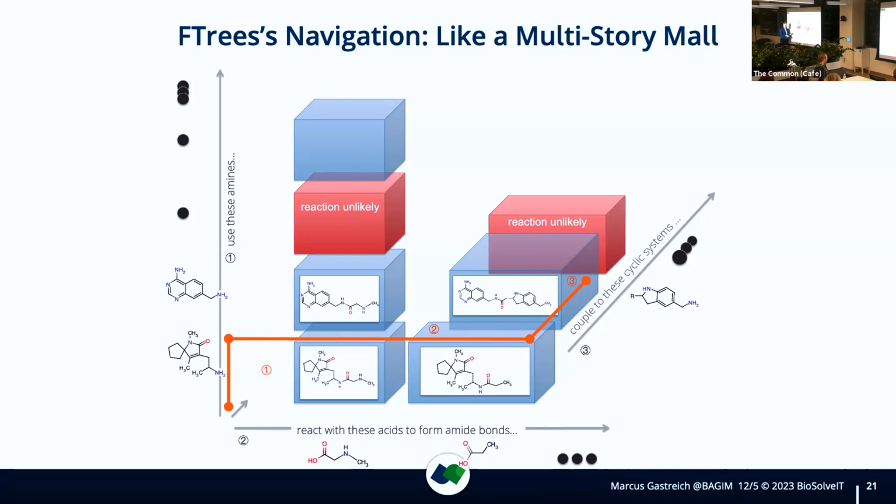So we take the next island in Costco and navigate all the way up here. And we take, for example, this acid, in this case, the acid functionalities to form an amide. And then we take the next axis, the z-axis in this case, to couple this, for example, to some cyclic system.